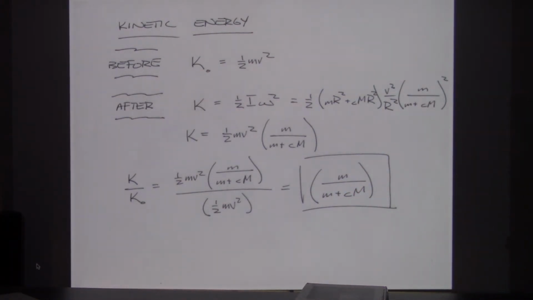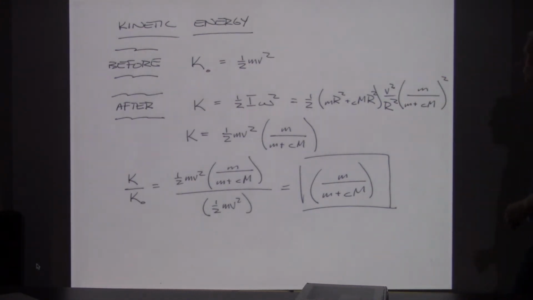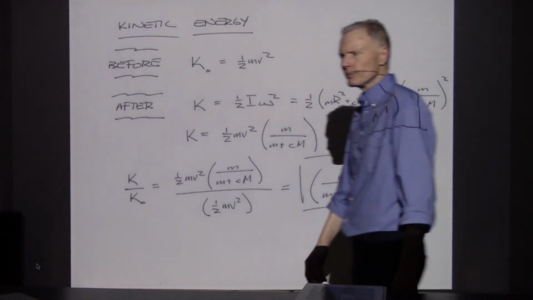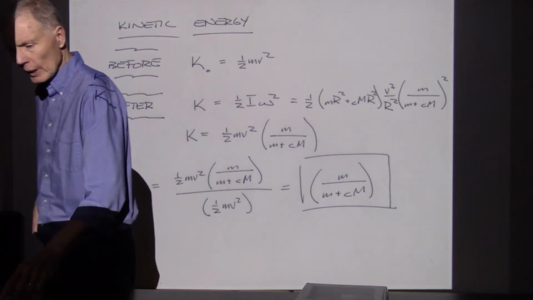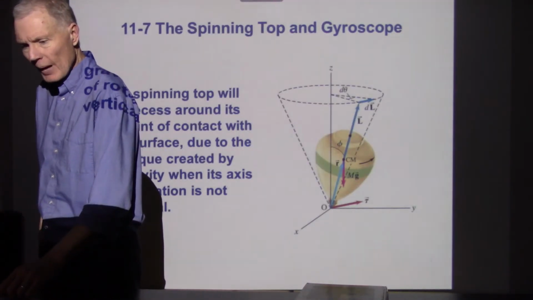So if m is really, really tiny, then most of the kinetic energy will be gone. If little m is really, really big, and somehow it runs into something that has very little mass, then most of the kinetic energy would be conserved. And so there's going to be thermal energy generated from the impact.